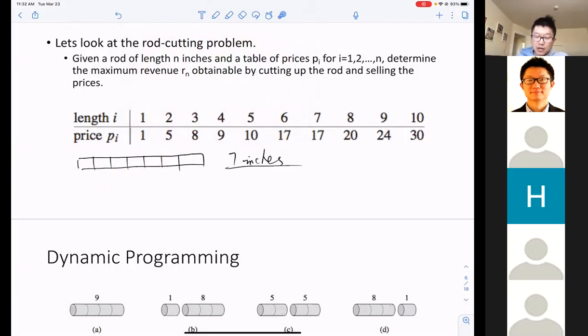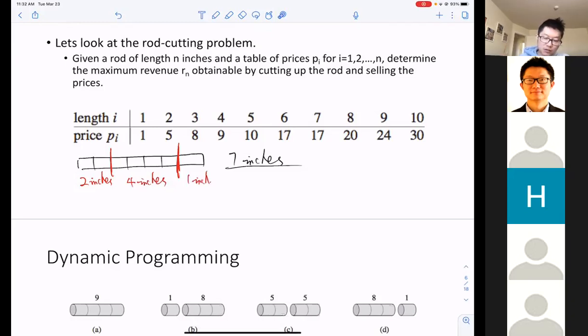Say you make 2 cuts and get 3 different pieces: one of length 2 inches, one of length 4 inches, and one of length 1 inch. And you sell each of them individually.